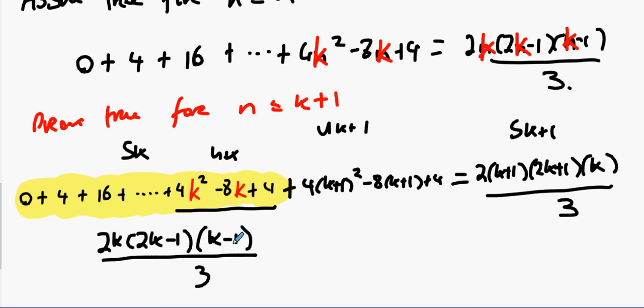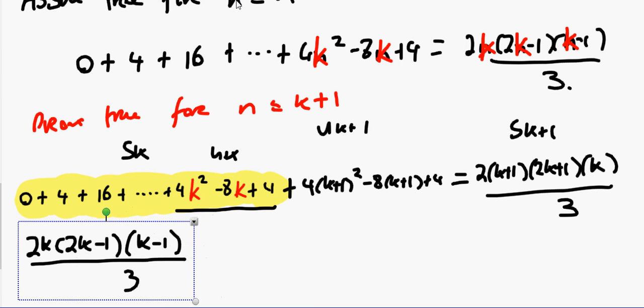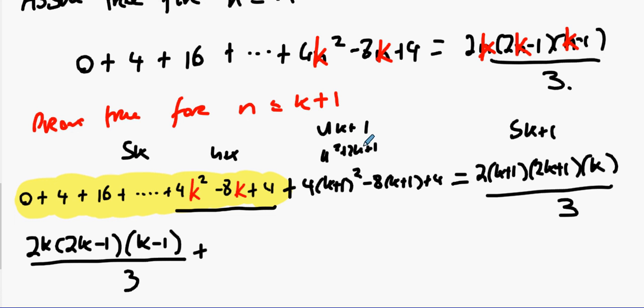Okay, and then, to be honest, this looks very messy. And that's going to be plus. Now I'm going to probably multiply this out, where that's k squared plus 2k plus 1 multiplied by 4, 4k squared plus 8k plus 4, and then minus 8k minus 8 plus 4.